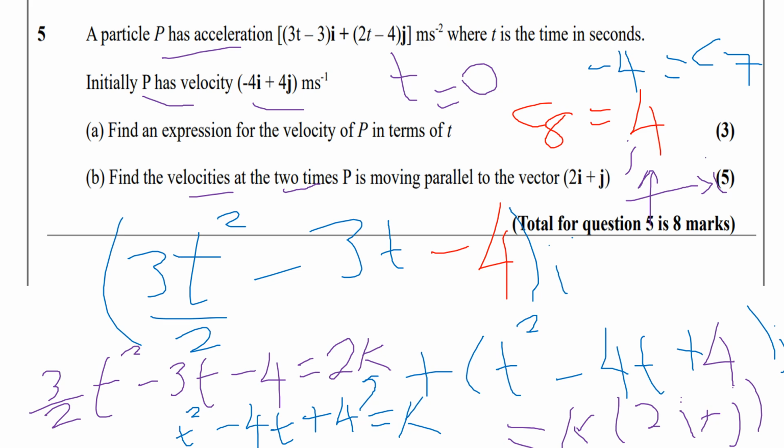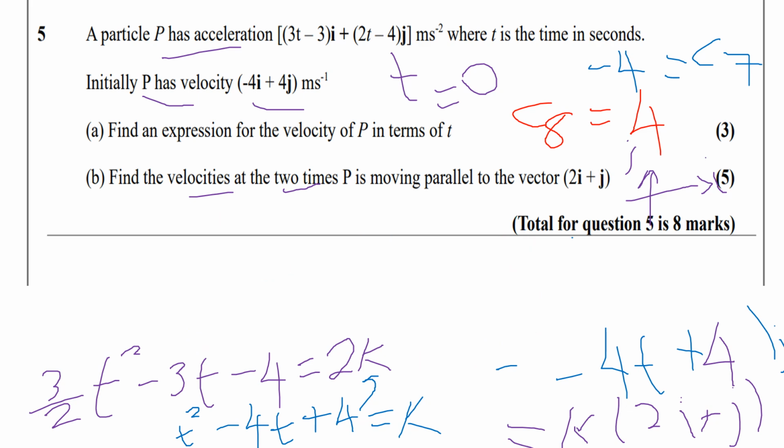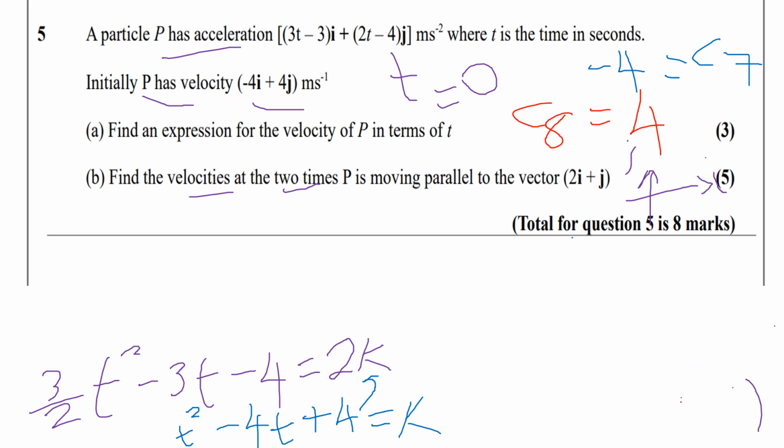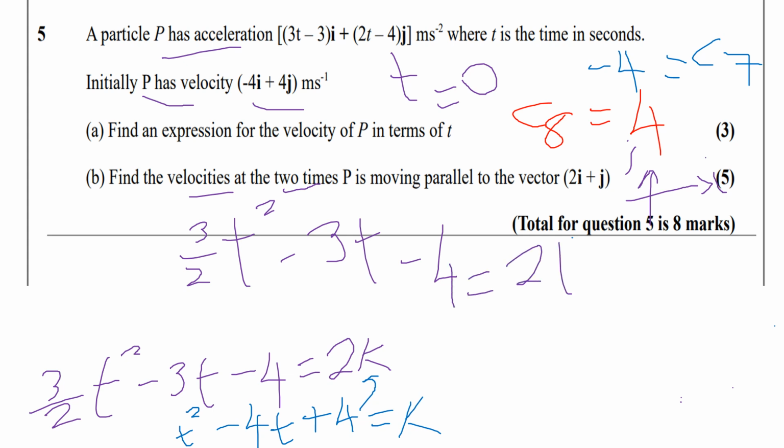So 3/2 t squared minus 3t minus 4 equals 2 lots of, in this case, 2t squared minus 8t plus 8. Rearrange the quadratic, make it equal to 0, and solve it.